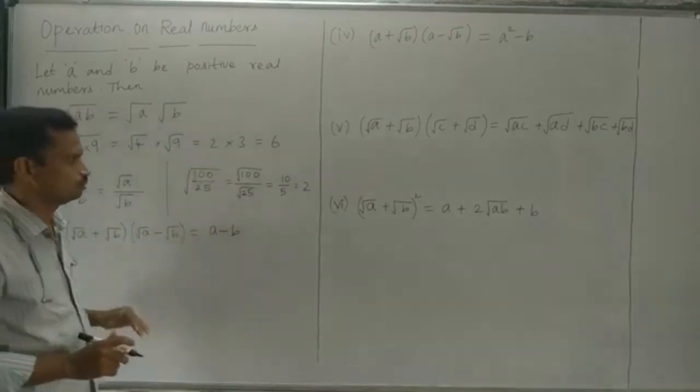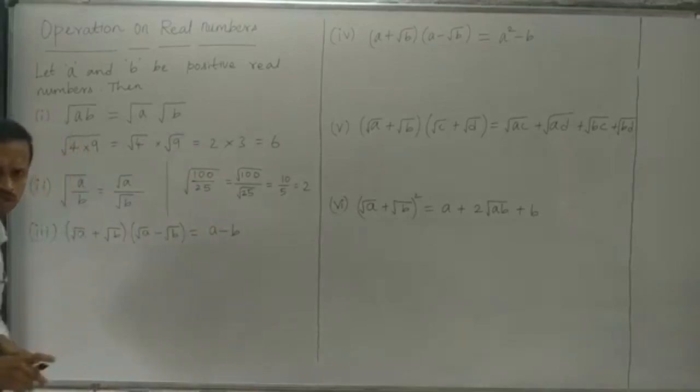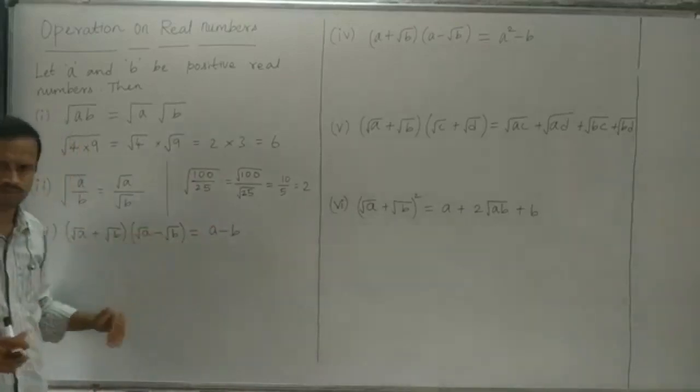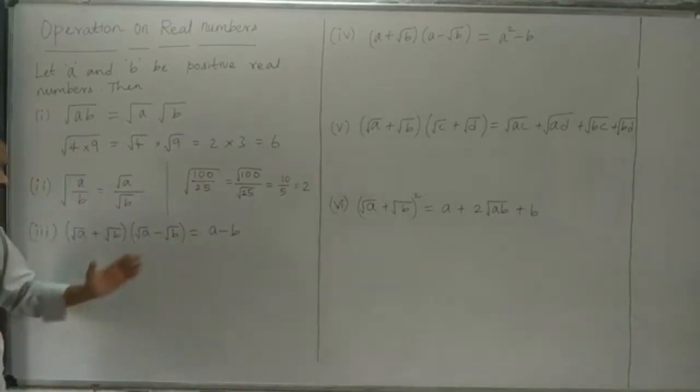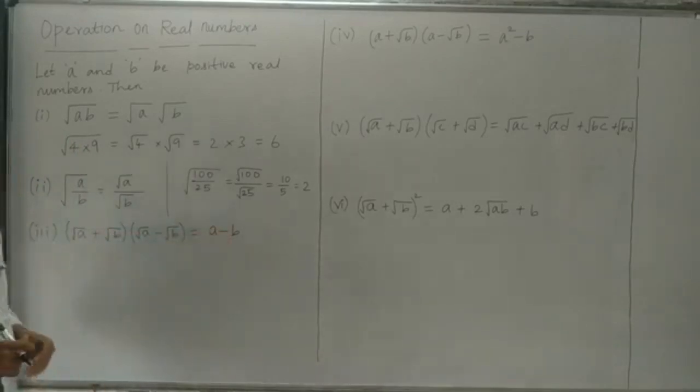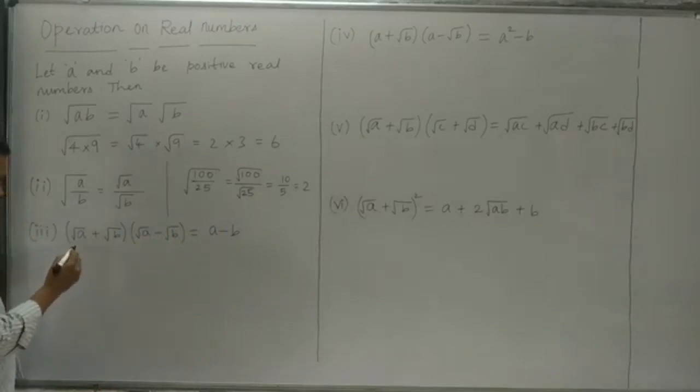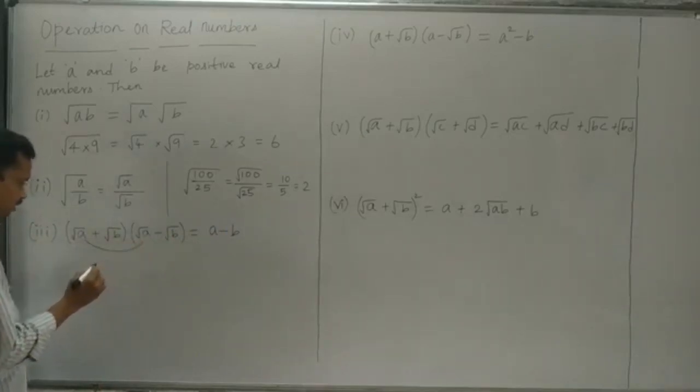There are 4 more formulas. So here we can see how we are getting the right hand side from the left hand side. Okay. So you multiply these two. So root A into root A, what you get? A only.